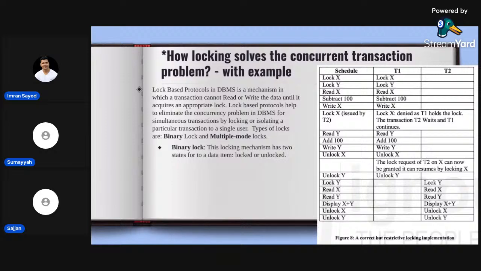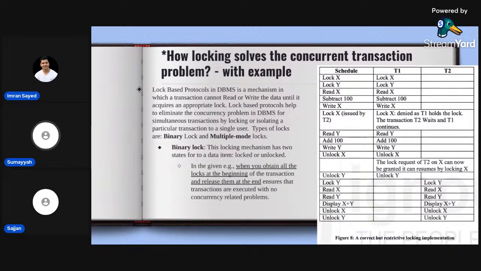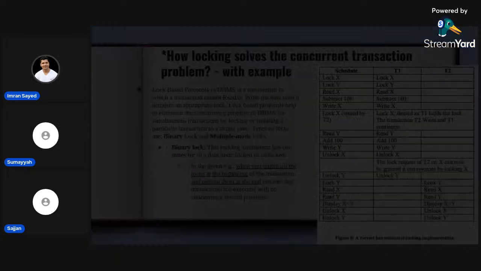Binary lock: this locking mechanism has two states for a data item, locked or unlocked. In the given example, when you obtain all the locks at the beginning of the transaction and release them at the end, it ensures that transactions are executed with no concurrency related problems.